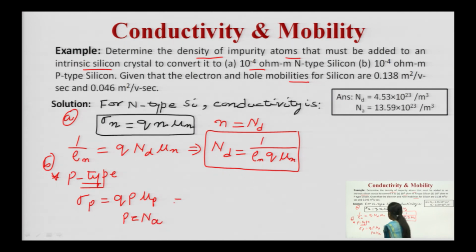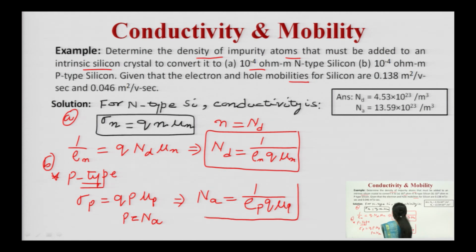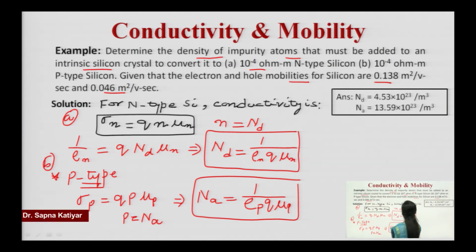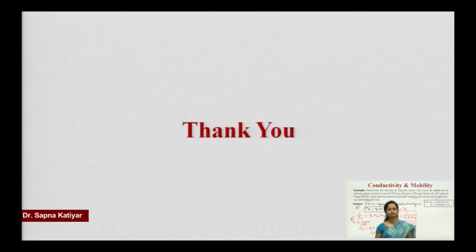So, accordingly you can calculate the density of acceptor atoms, which is nothing but 1 upon its resistivity into Q into mu p. Charge you know, mu n and mu p are given. This is mu n, this is mu p. At the same time, 10 raised to the power minus 4 is the resistivity being given.